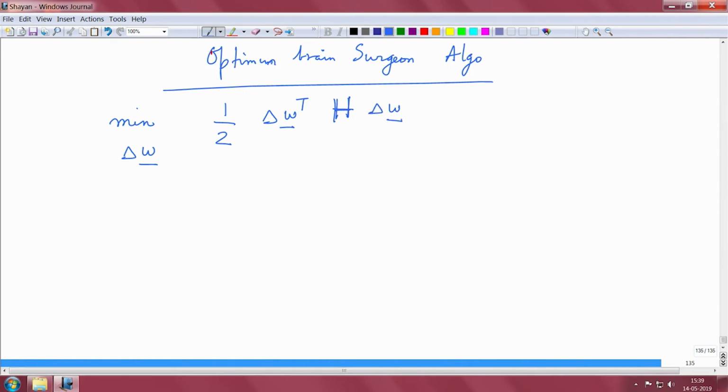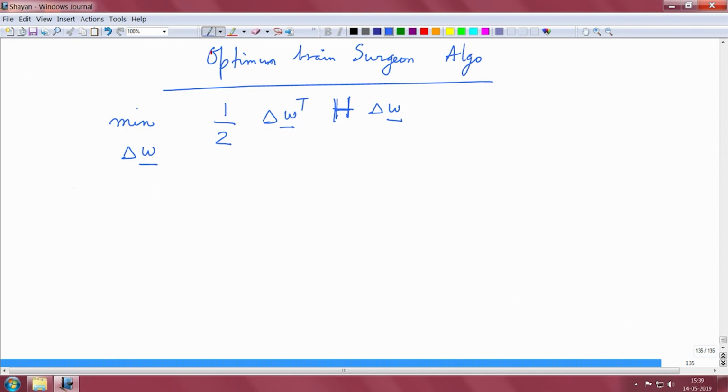So, what we can do is we can follow a 2-level optimization strategy here. We can minimize over the synaptic weight vectors that remain after the ith weight vector is set to 0.